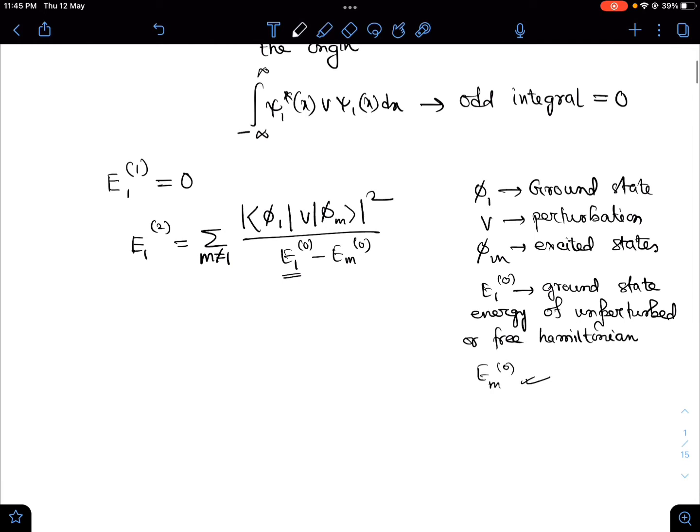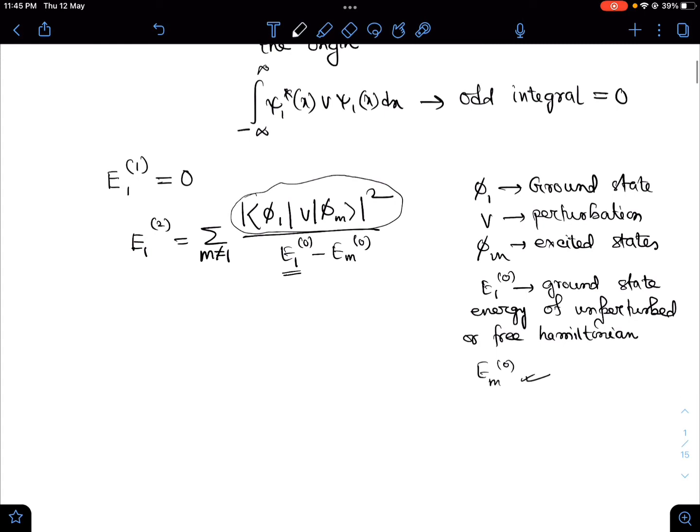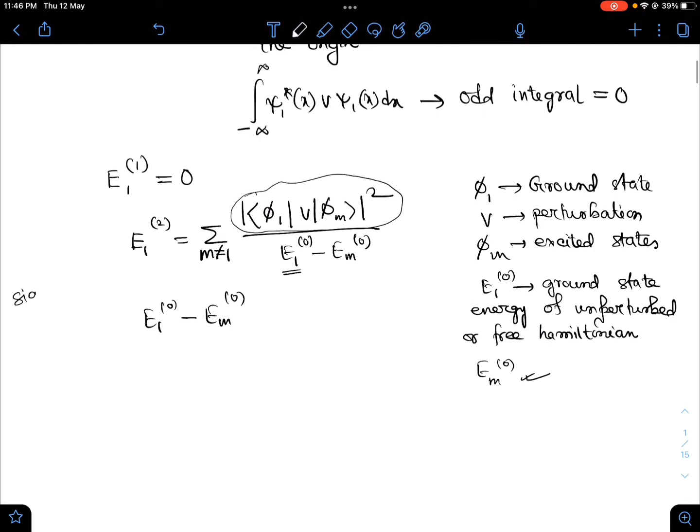Here this matrix element term is non-zero because we don't have any even or odd integral concept. But looking at the term E1(0) minus Em(0), we have to find whether the energy perturbation increases or decreases, so we have to find the sign of E1(2). We have to find whether this expression is positive or negative.